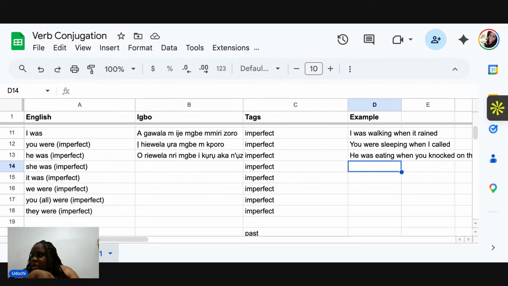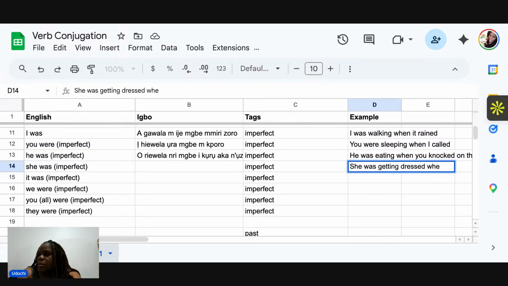So she was, let's see, find a sentence for she was. She was getting dressed when he arrived.